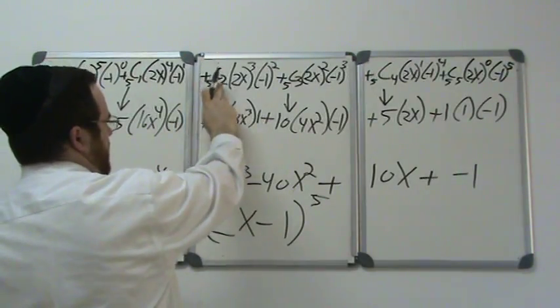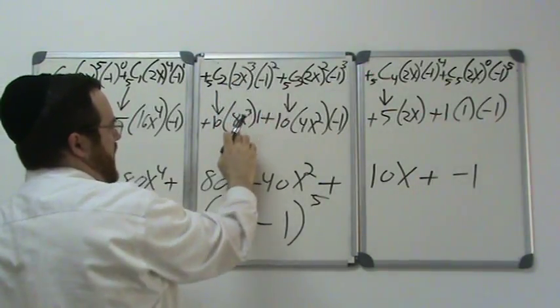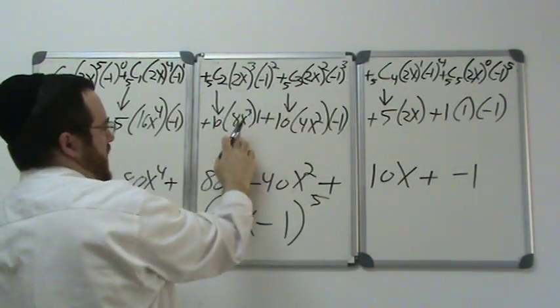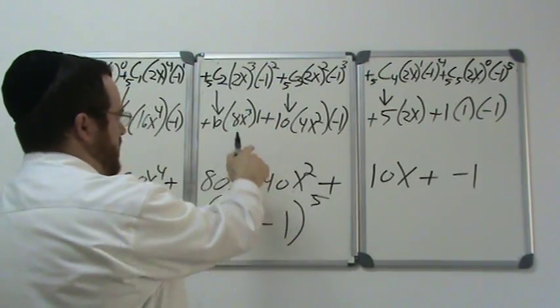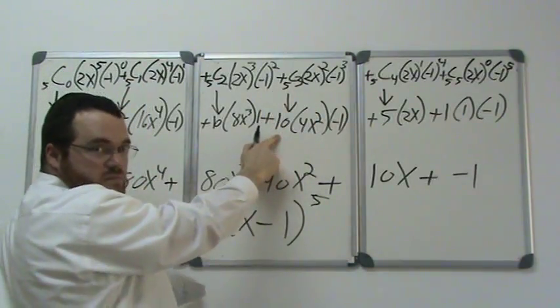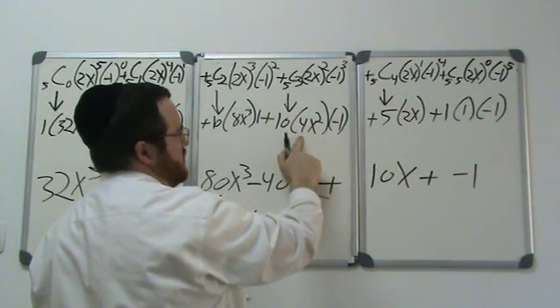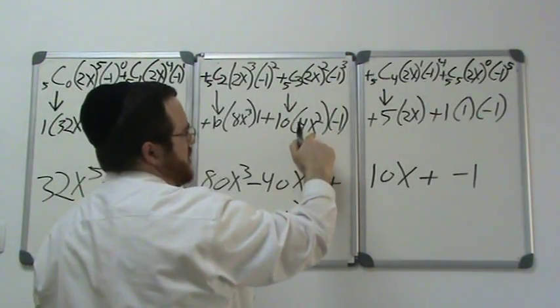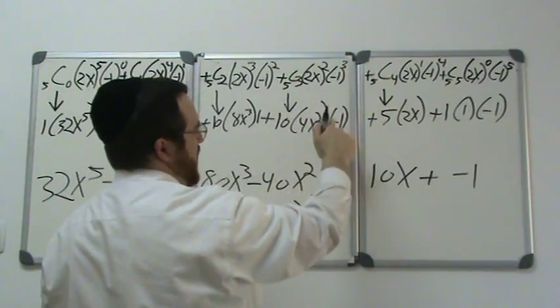Plus 5 combination 2 is 10, times 2 to the 3rd power is 8, x to the 3rd power is x to the 3rd power, negative 1 to an even power is a positive 1. Plus 5 combination 3 is 10, times 2 to the 2nd power is 4, and x to the 2nd power is x squared, negative 1 to an odd power.